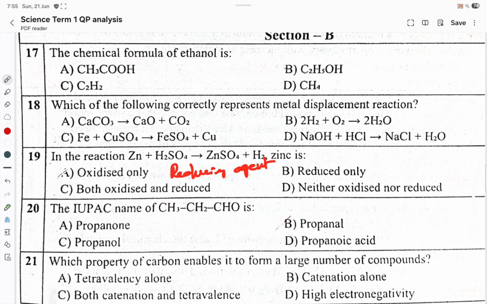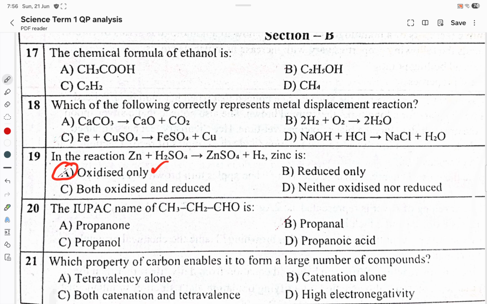All metals in their neutral form are reducing agents after losing electrons. But the one which receives electrons is called the oxidizing agent. Here zinc is the reducing agent, whereas hydrogen is the oxidizing agent. This is the answer for the question. Now let's see question number 20.